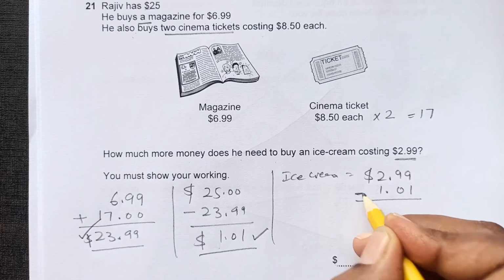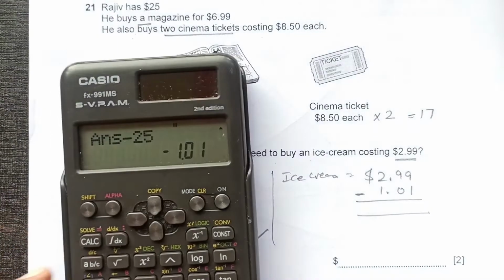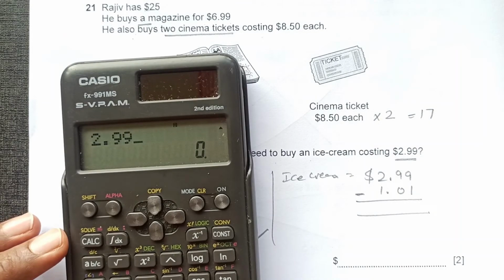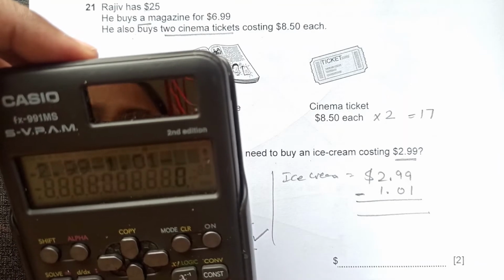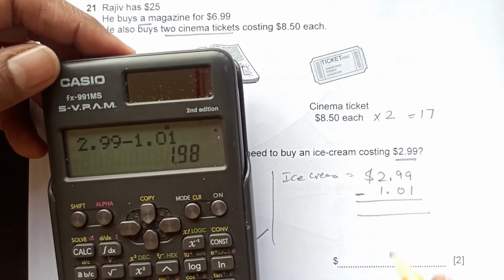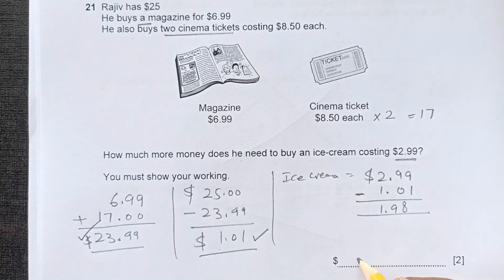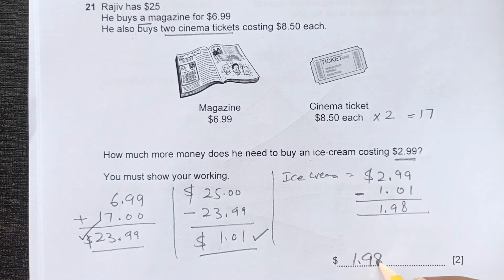So how much more money he needs? We just subtract that. So 2.99 minus 1.01. Sorry, 1.98. So he needs $1.98 more to buy an ice cream, right?